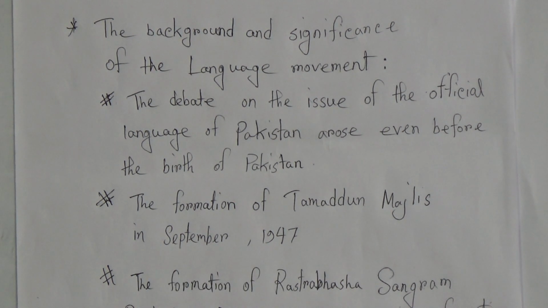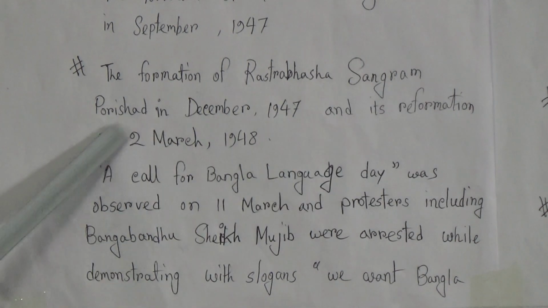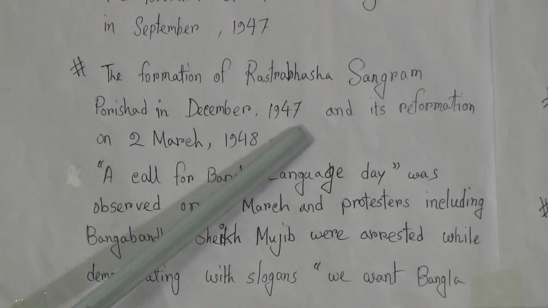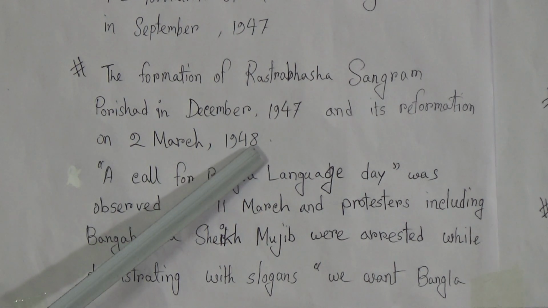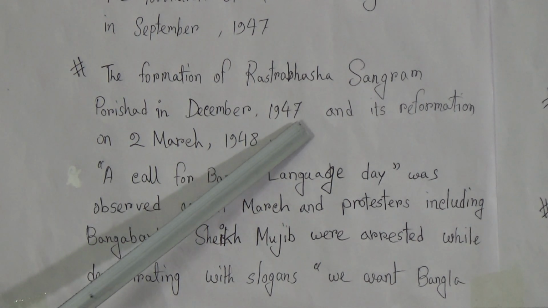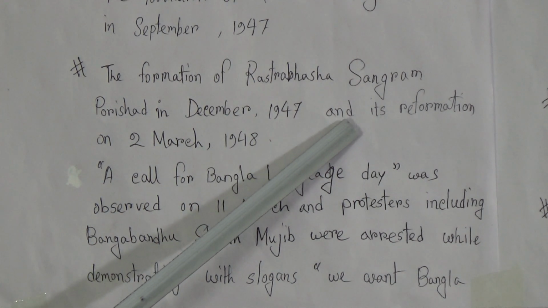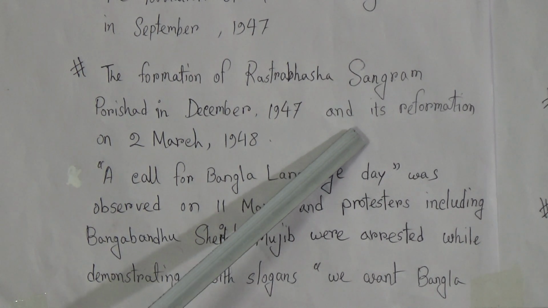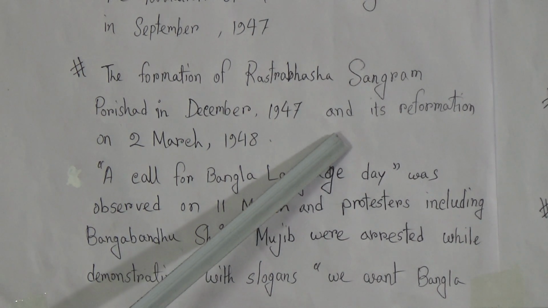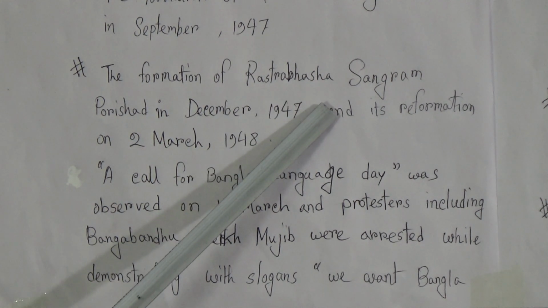Next you can give the point about the formation of Rashtrabhasha Sangram Parishad in December 1947 and its reformation on 2nd March 1948. In 1947, when people from all walks of life wanted Bangla to be their state language, then Rashtrabhasha Sangram Parishad was formed.